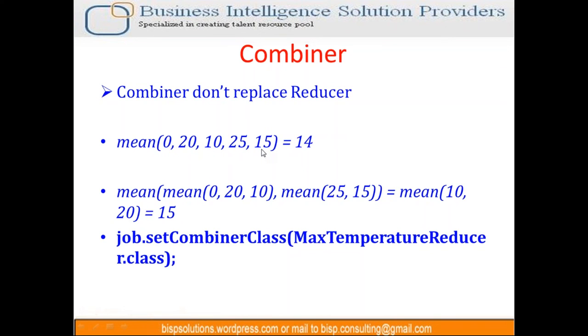But if you take the mean of these three, the mean of 20, 10, 0 is 30 divided by 3, which is 10, and this is 40 divided by 2, which is 20. So the mean of 10 and 20, the final mean, will become 15 instead of the expected 14. It comes out as 15 if you do the individual means and then take the mean overall.